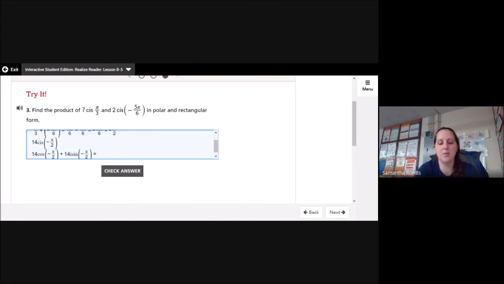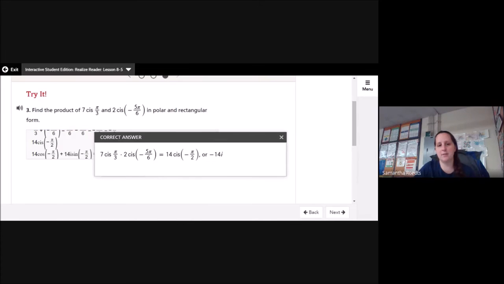That gives me 14 times cosine of negative pi over 2, which is 0, plus 14i times negative 1, which gives me 0 minus 14i, which equals negative 14i.